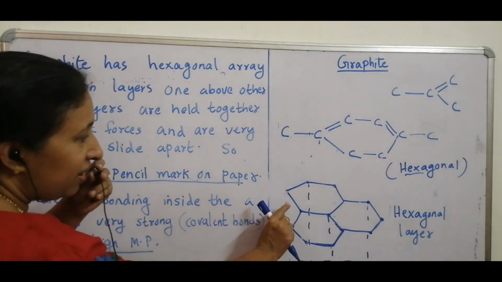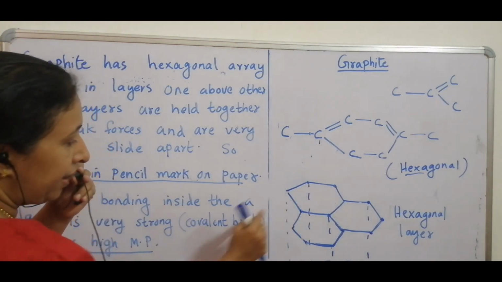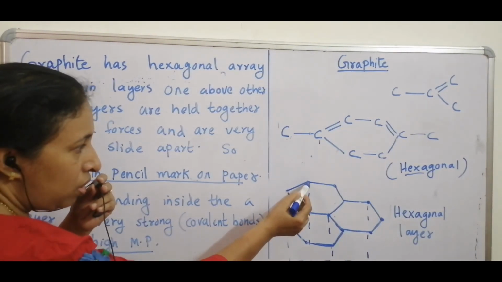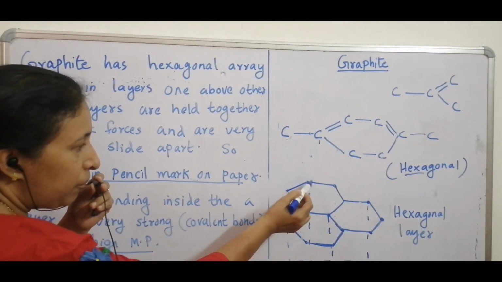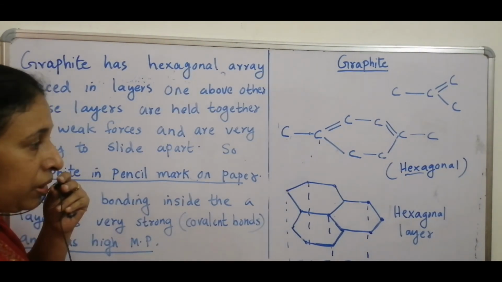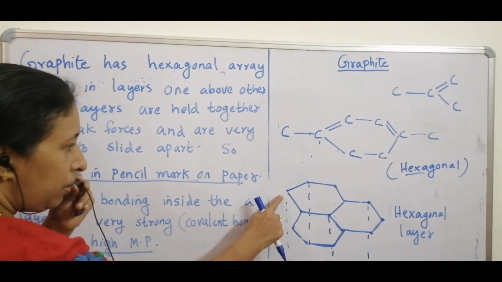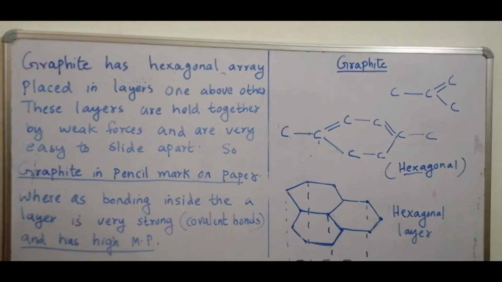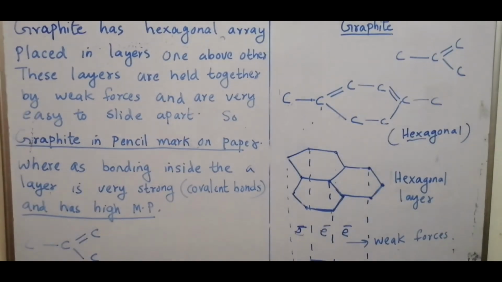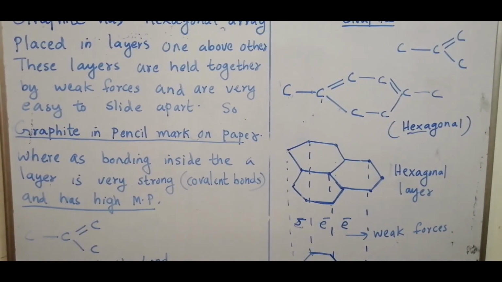Whereas the bonding inside the layer is very strong. There are strong carbon-carbon covalent bonds and they are very stable. Because of these strong carbon-carbon covalent bonds, they have a high melting point. More energy is needed to break the bonds.